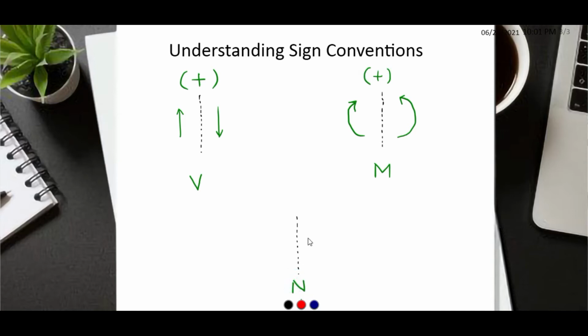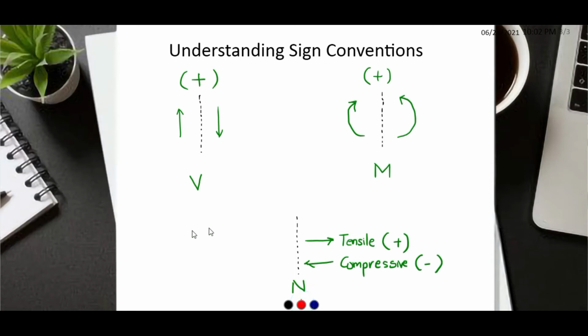For N, there is no left or right hand side. N is the axial force. It can be compressive or tensile. Tensile acts away from the section. Tensile will be considered positive and compressive is considered negative.